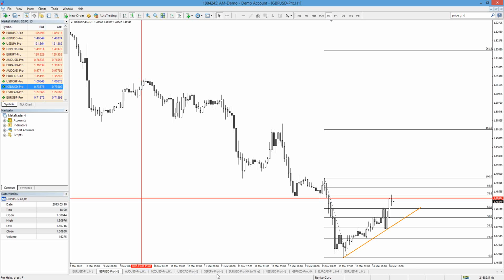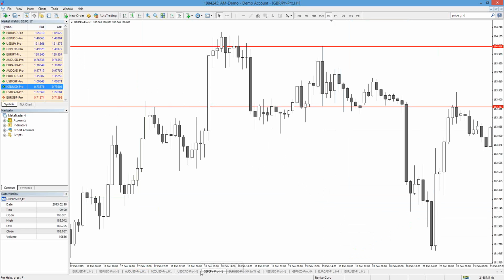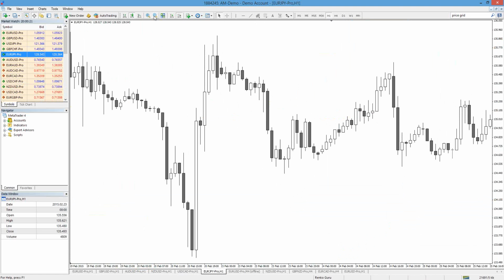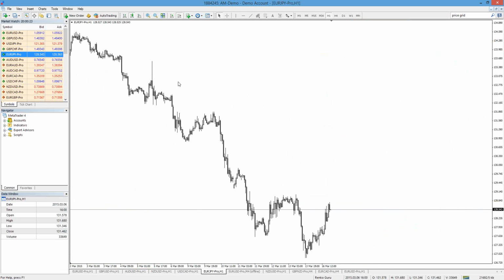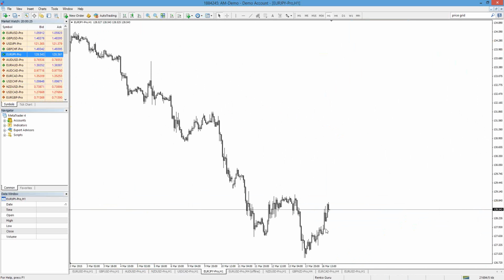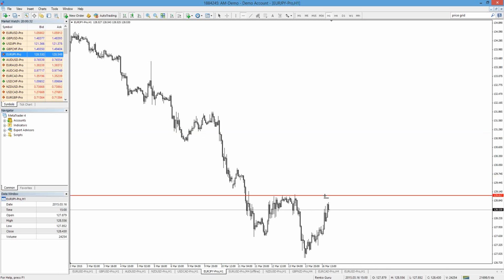Euro yen, I can check euro yen, and then we need to finish with the webinar. Same thing with euro yen. V-shape reversal. Yes, 29 can indeed be good for selling, so try to sell it.